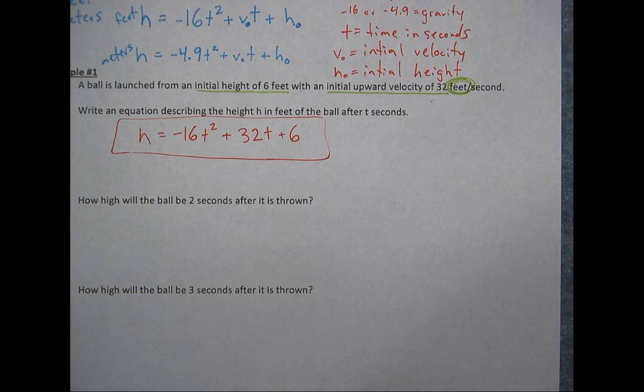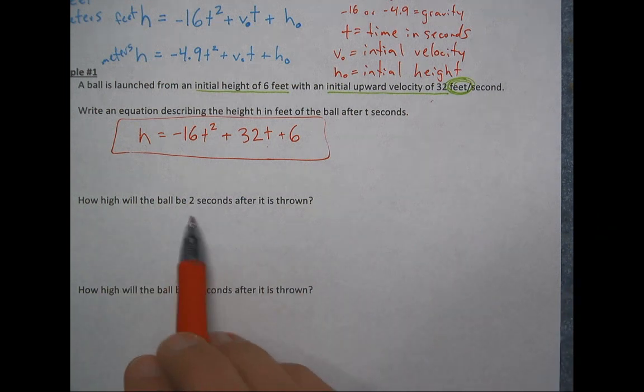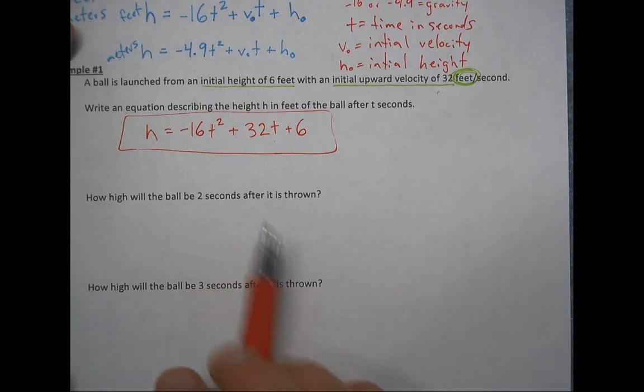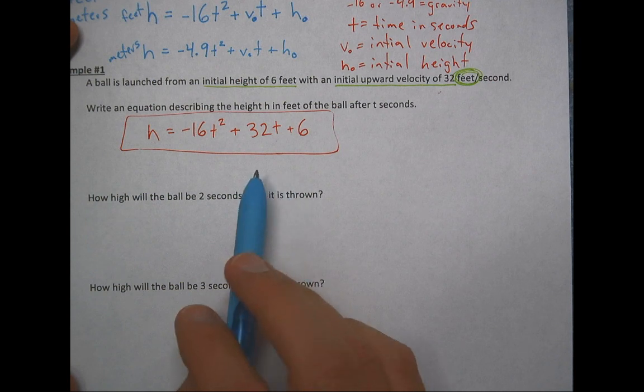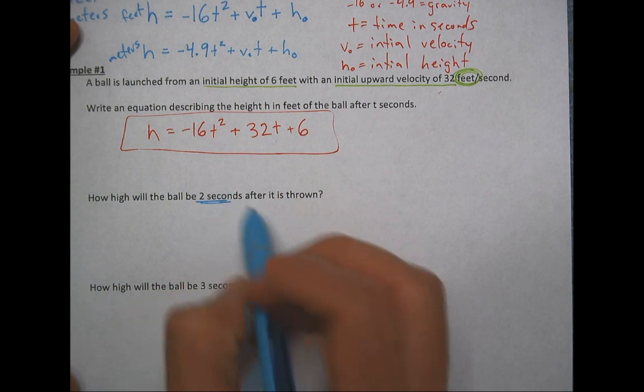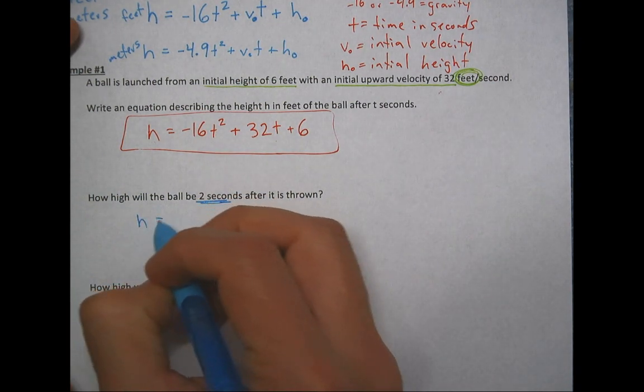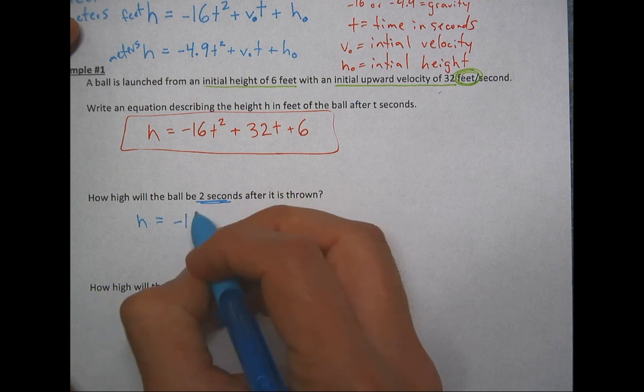And so now we're going to use the equation that we just built to solve for the height after a certain number of seconds. So how high is this ball going to be 2 seconds after it's thrown or projected up? So all I have to do is take this equation and plug in 2 seconds for t. So h equals negative 16.